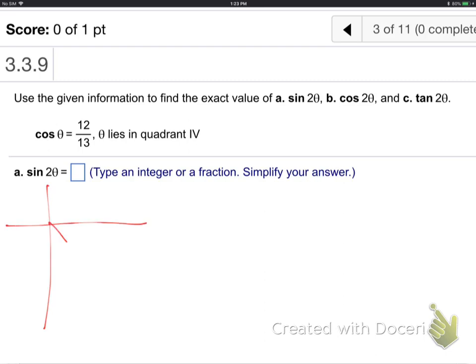So fourth quadrant, you know what to do. Put a triangle in the fourth quadrant, make it go to a right angle at the x-axis, right? We always go to the x-axis, so it's a reference angle. It's relative to the x-axis, with reference to the x-axis. Put theta there at the origin. Cosine of theta is 12/13. Can you do the SOHCAHTOA thing and put that in the triangle?